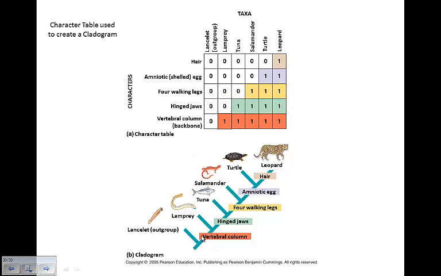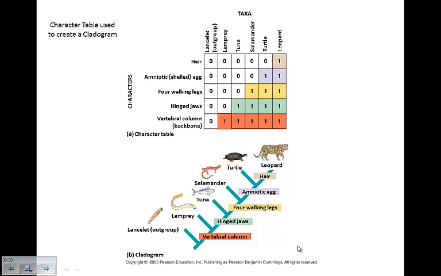It doesn't come up until here. But then all of these above it would have that vertebral column. All of the organisms above, so the tuna, salamander, turtle, and leopard, would have the hinged jaws. And so when you look at these, you can see the common ancestry, but then you can see the common characteristics that they all share.